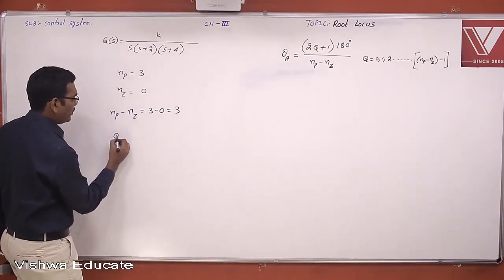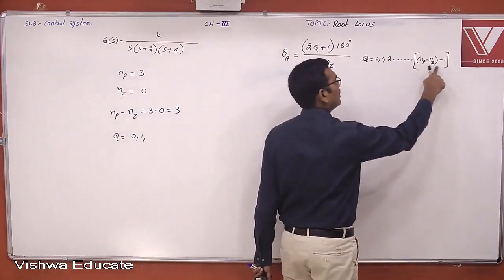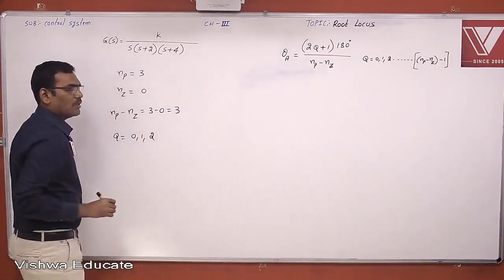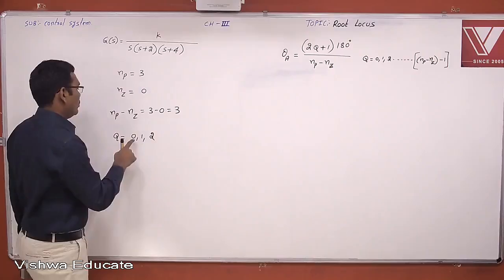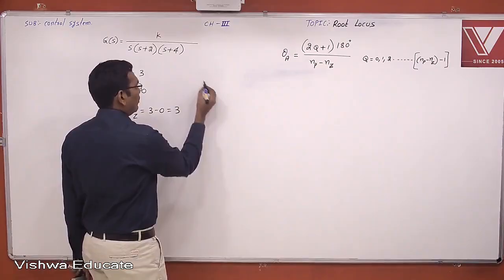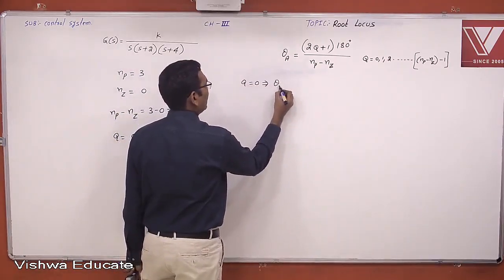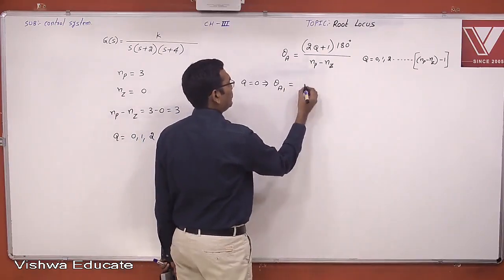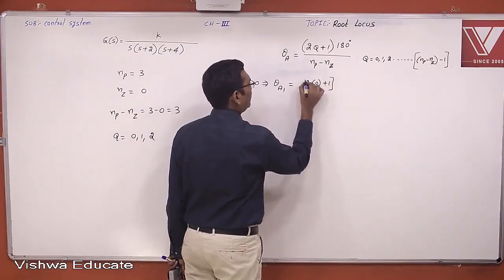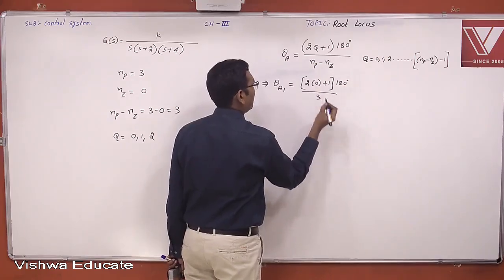Now what is the range of q? q is 0, 1, up to np minus nz minus 1, which is 3 minus 1, that is 2. So q is 0, 1, 2. When q equals 0, the first angle of asymptote is (2 into 0 plus 1) into 180 degrees by np minus nz, which is 3.